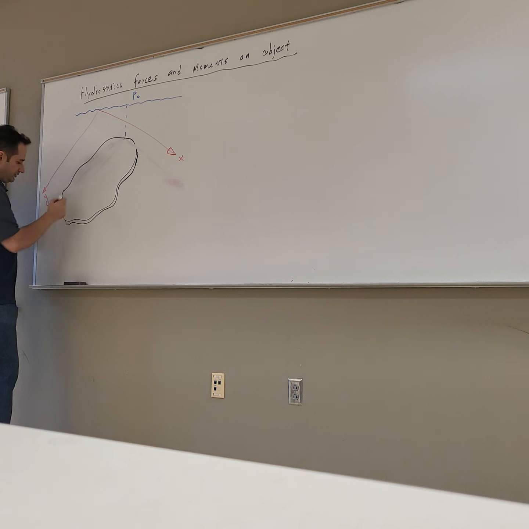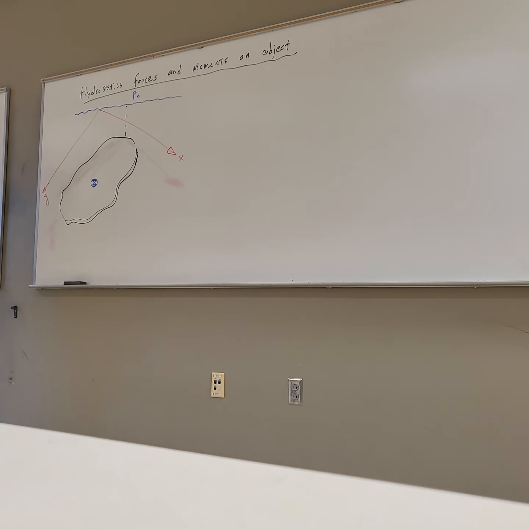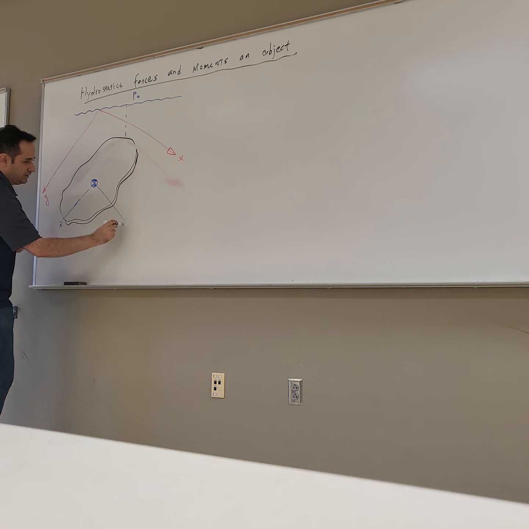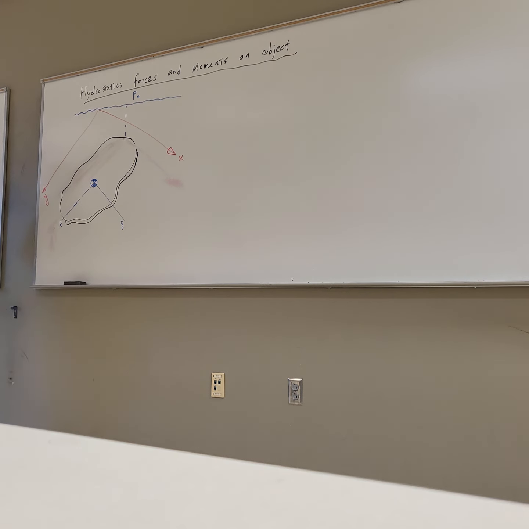Let's say this is the centroid, right here. You show the centroid with this particular symbol, and you also have a coordinate system at your centroid, x bar, y bar. It's just a coordinate system, right?